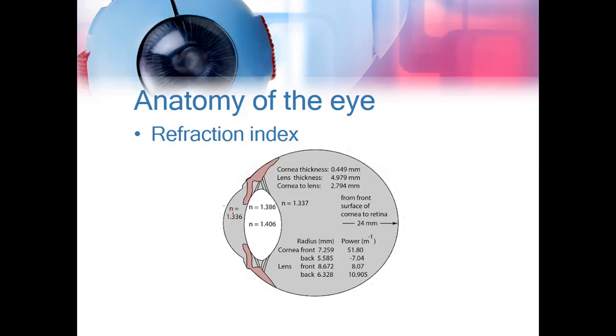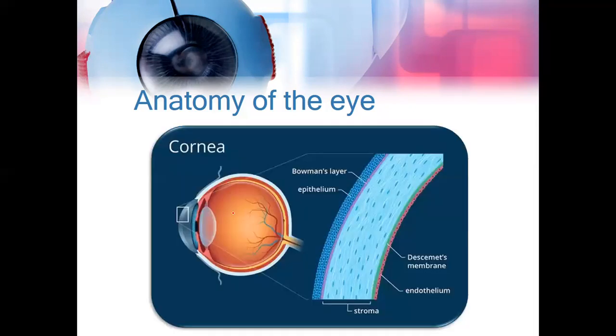So this tissue is composed of, if I'm not wrong, five main layers, just the cornea. Here you have the five main layers of the cornea. From the outer to the inside are the epithelium, the blue one.